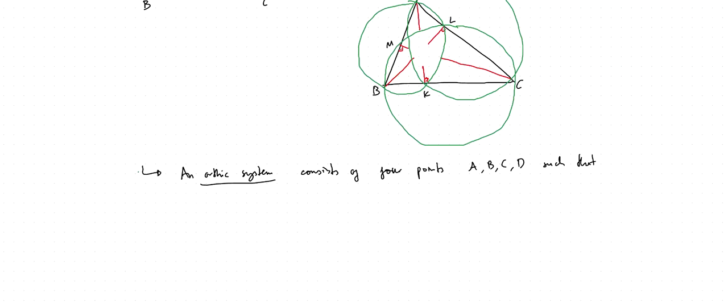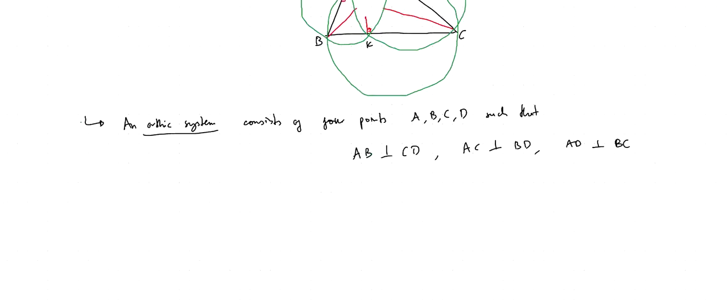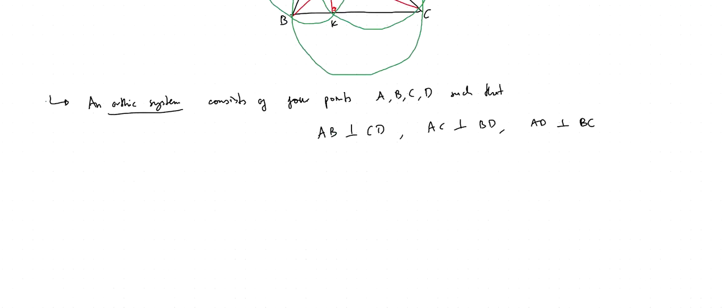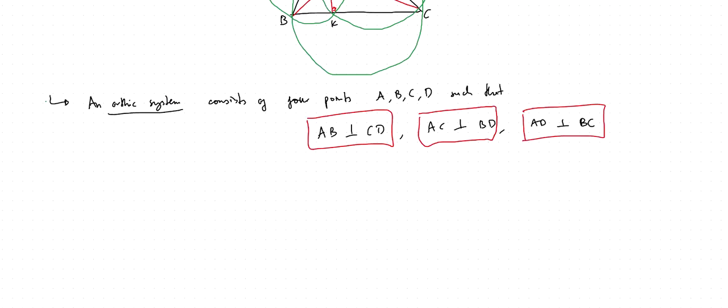So AB is perpendicular to CD, and AC is perpendicular to BD, and AD is perpendicular to BC. These facts hold. But notice, if two of these hold, the third automatically holds.